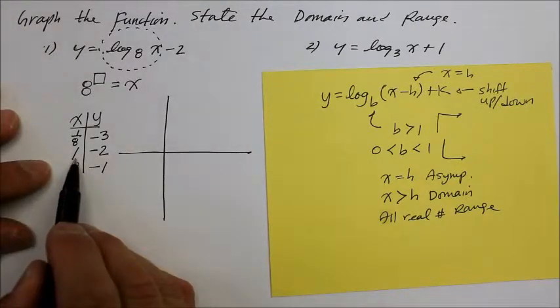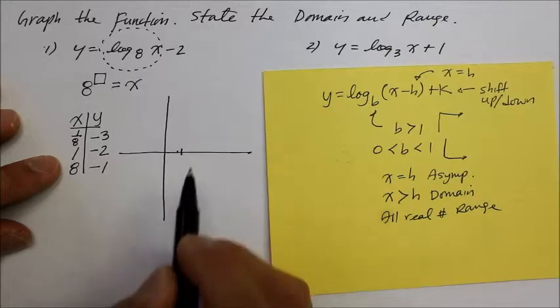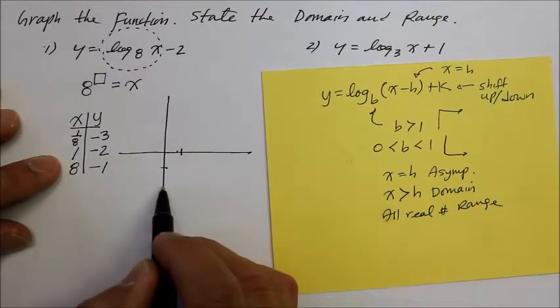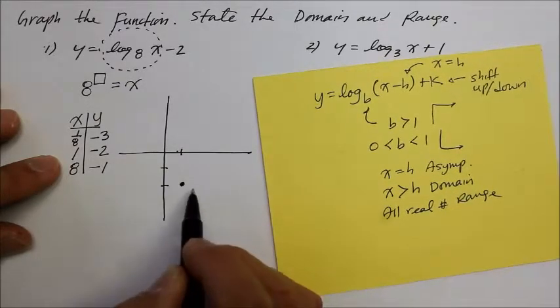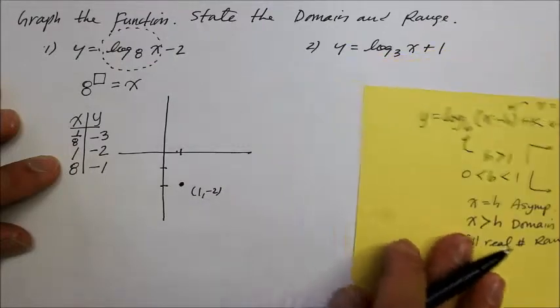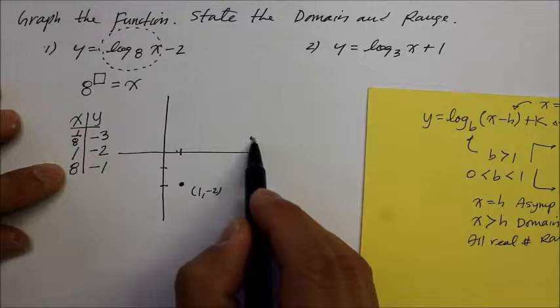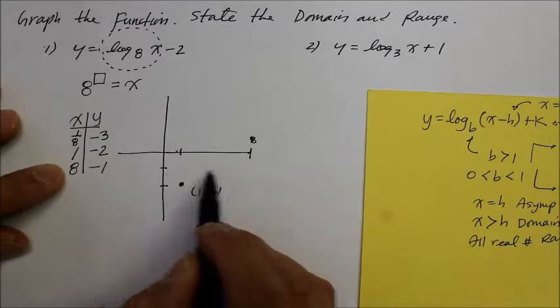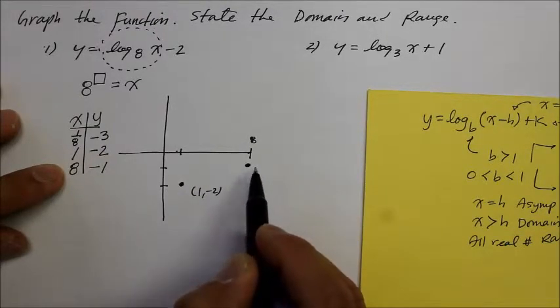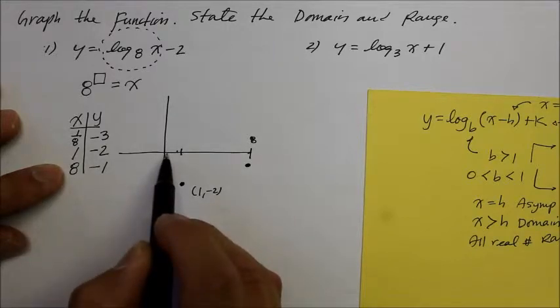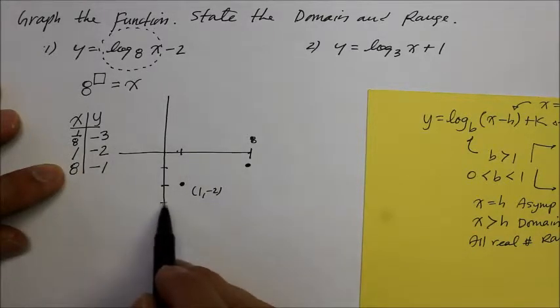If x is 1, y is negative 2. There it is. If x is 8, let's just approximate and say over here, this is 8, then y is negative 1. And if x is 1/8, then y is negative 3.